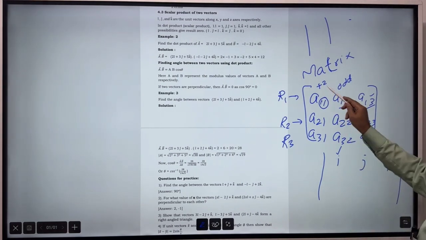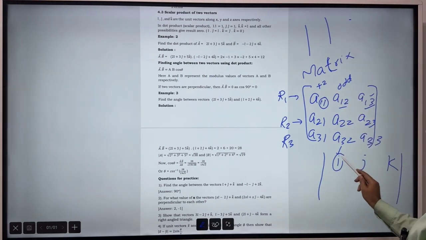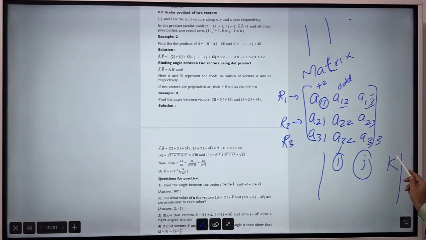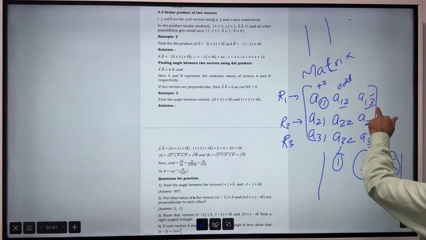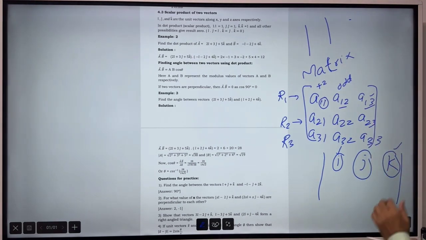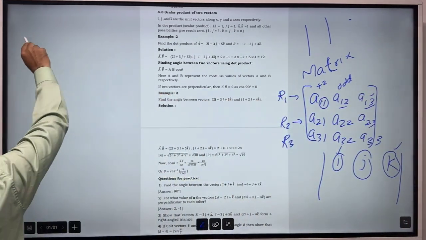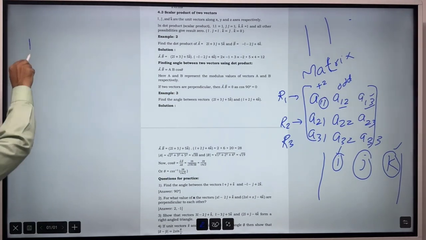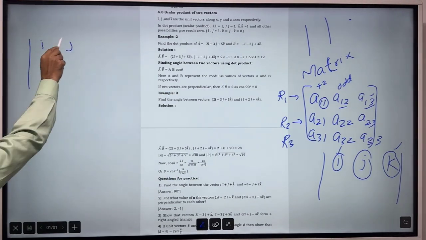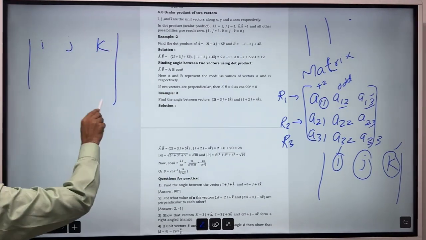If the position sum is even, it will remain positive. If it is odd, it will be negative. For 1 plus 3, that's 4, so it will be positive.